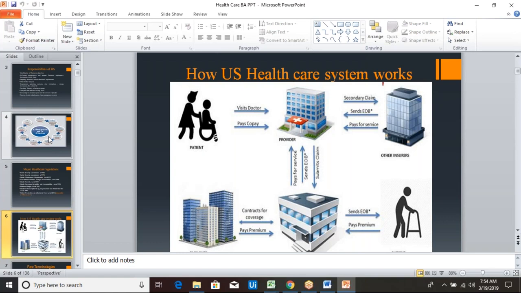Whenever a patient joins for any treatment, it could be inpatient or outpatient, because there is a classification for inpatient and outpatient. Outpatient services mean the medical treatment we give to a patient who has not been admitted to the hospital.